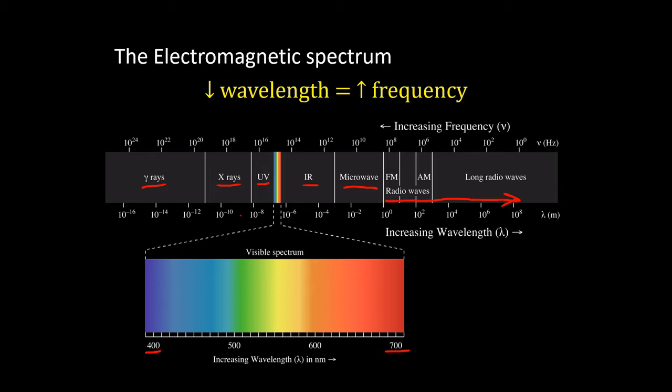So we have FM and AM radio waves that we use to listen to our tunes and the news. And then we have long radio waves, which are not as useful as the shorter radio waves, mainly because you need fancier and fancier antenna to be able to pick up these really long radio waves.